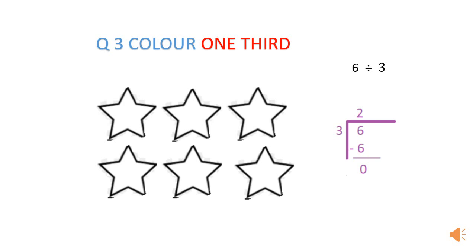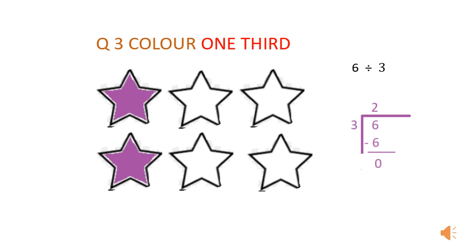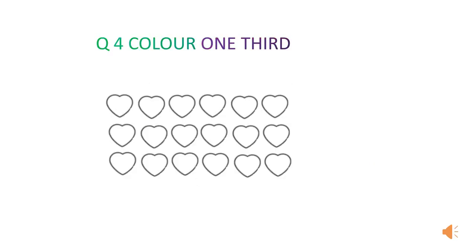Because you can see you have to shade one third. So 3 is the denominator. So when you divide 6 by 3, you get 2. 3 twos are 6. It means I have to shade 2 stars.